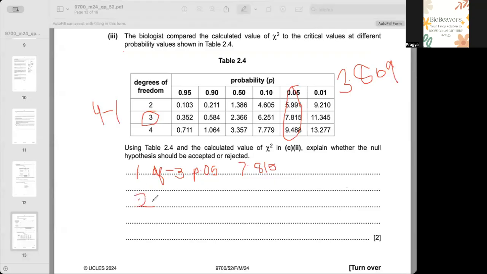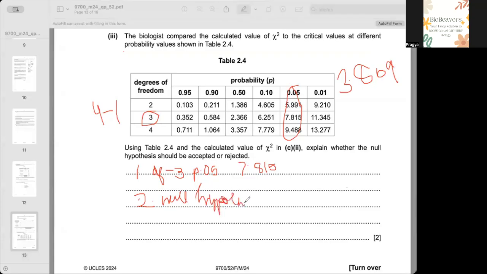That this is the value above which we will not consider that our null hypothesis is correct. But our value for chi-square, which we calculated, is much lesser than this. So our null hypothesis is accepted.